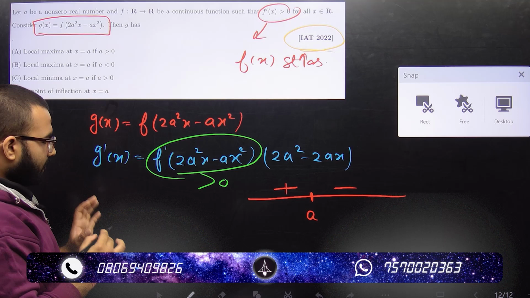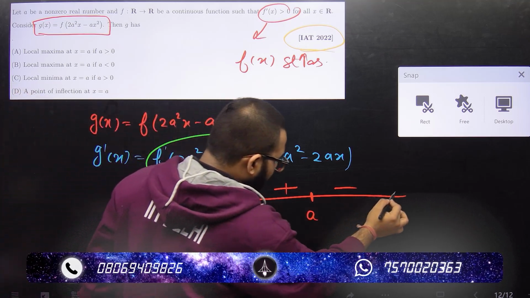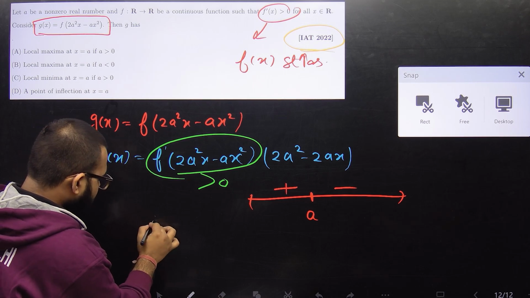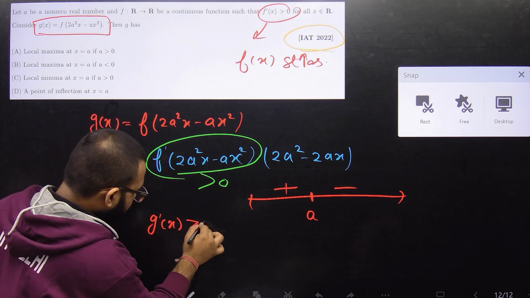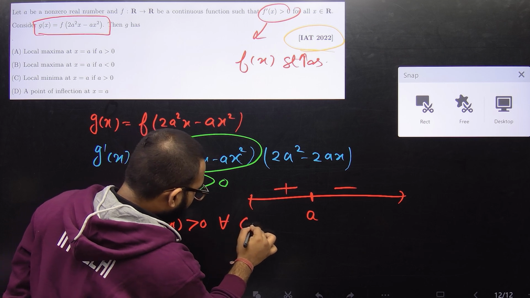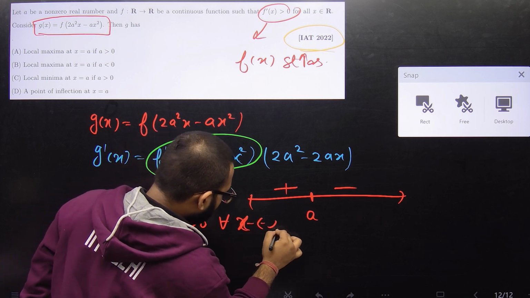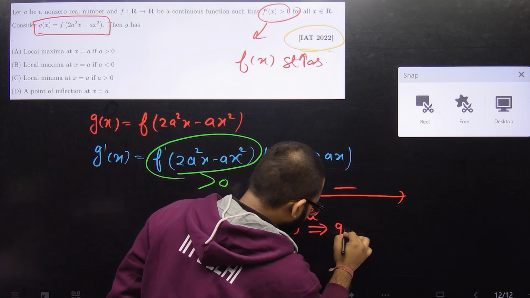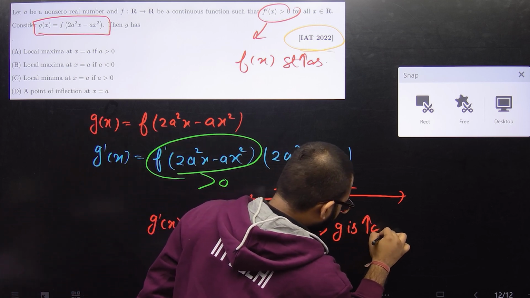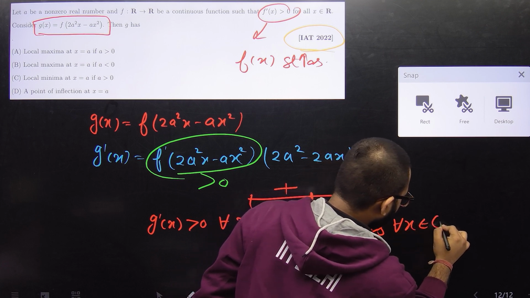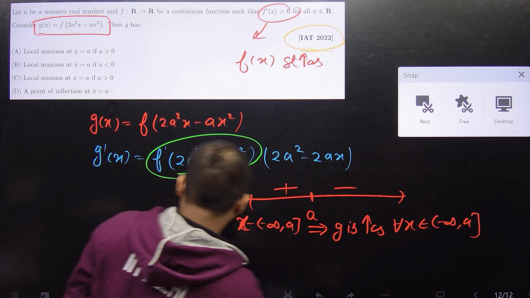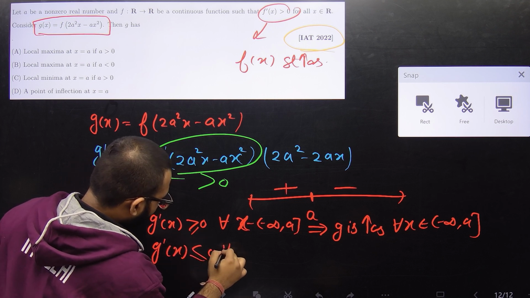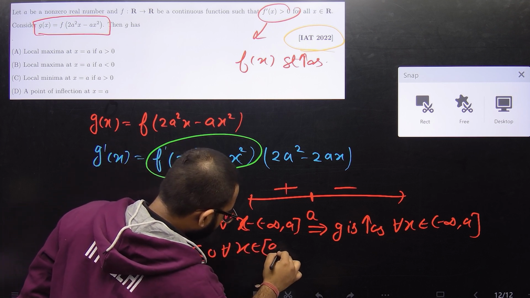So via the first derivative test, we can say that g dash x is positive for all x belonging to minus infinity to a. So g is increasing for all x belonging to minus infinity to a, and g dash x is less than or equal to 0 for all x belonging to a to infinity.